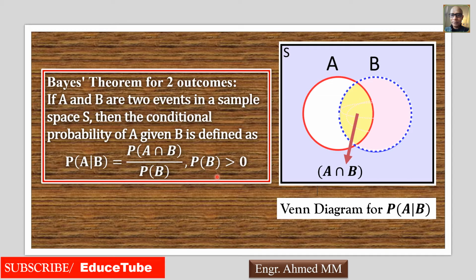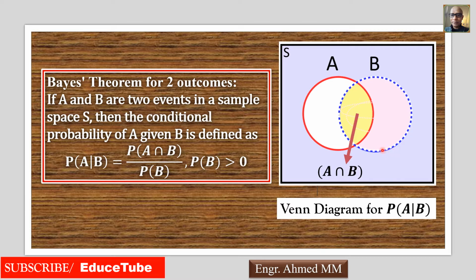Now, there is intuition behind this formula. When we know that B has occurred, every outcome that is outside of B should be discarded. These are very important points.